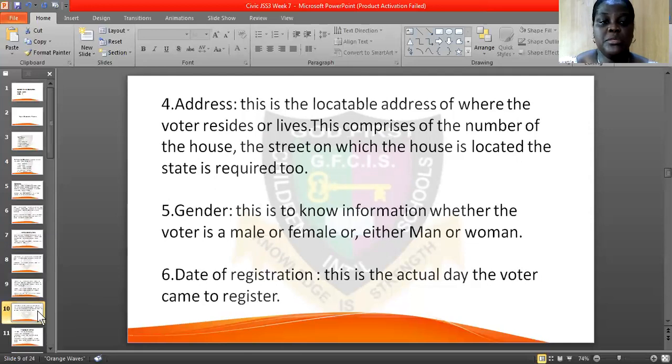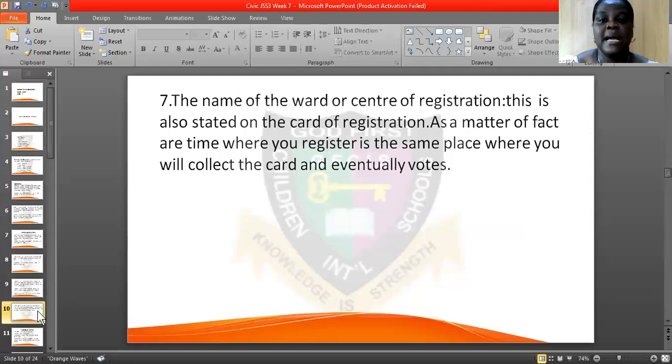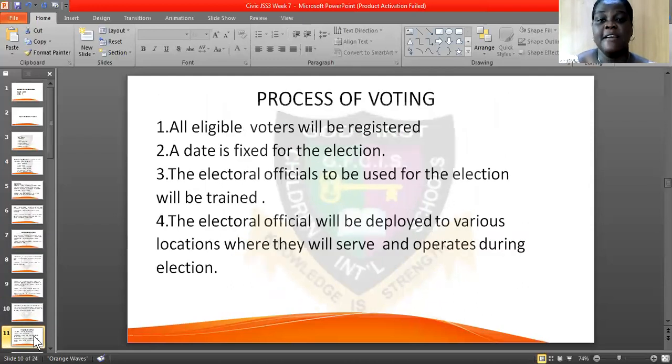It is also put into consideration. And the name of the ward, the center at which the voter registers, is also part of the information that is on the registration card. So those are the required information needed for the voters registration.